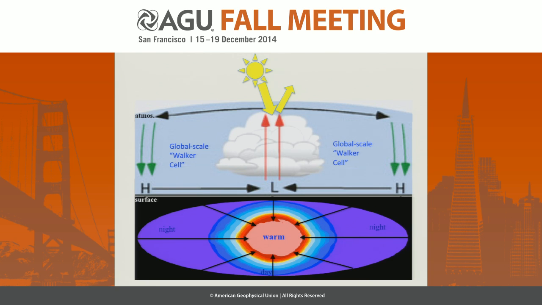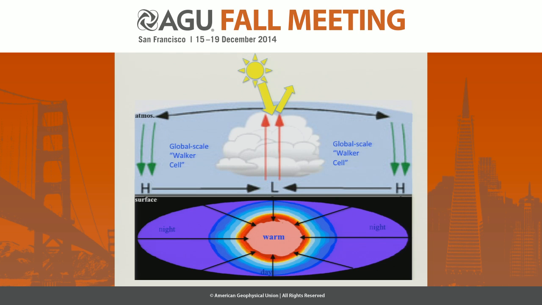Around the substellar point, the strong convergence and convection produce optically thick clouds. These clouds greatly increase the planet albedo and reflect back the solar radiation to space. So you will see that the surface temperature is close to our Earth.